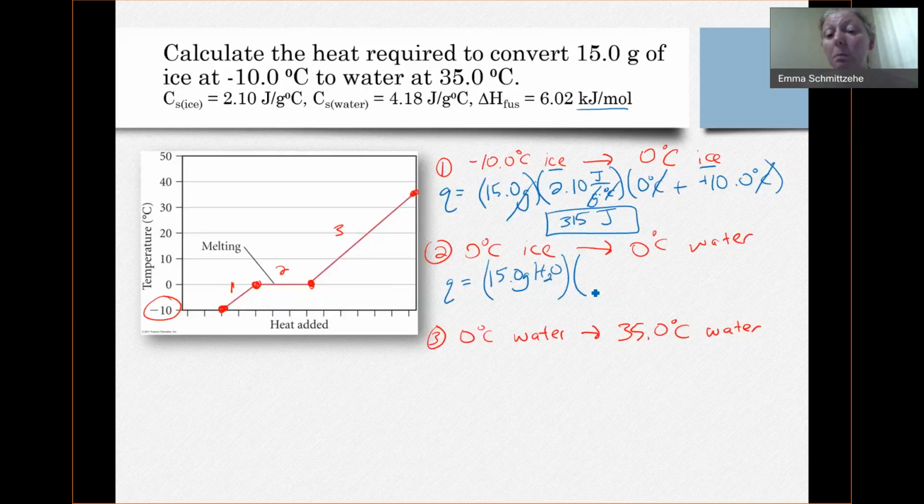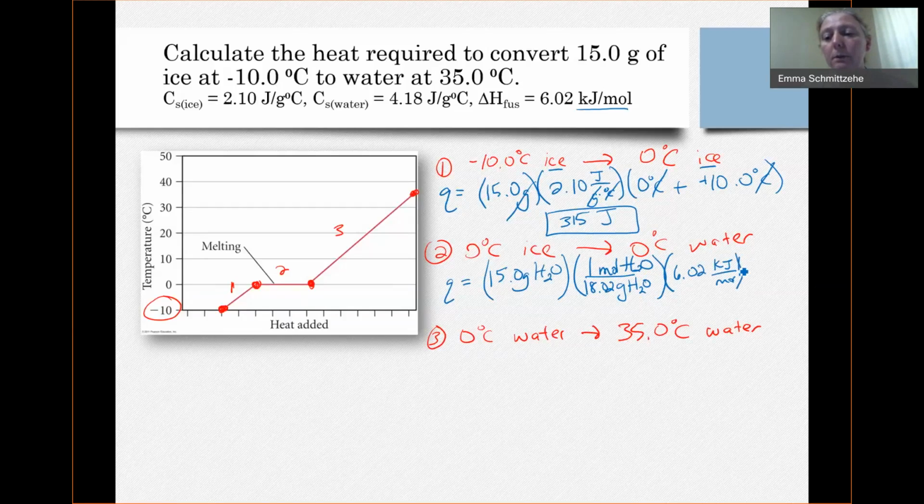And I need to get that to moles. So I can cancel grams of H2O and go to moles H2O by using the molar mass. If you add up 2 hydrogens and an oxygen, you should get 18.02, at least to 2 sig figs, and then multiplied by that enthalpy value, 6.02 kilojoules per mole.